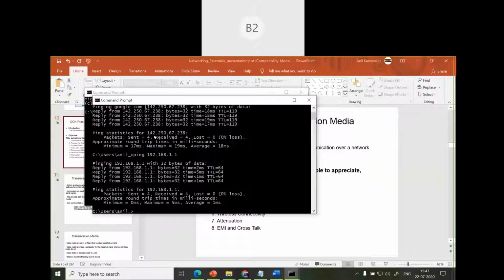Now, your data terminal means you must have a network interfacing card. That network interfacing card may be a wireless type of network interfacing card or an Ethernet wired card, typically gigabit or 100 megabit type of Ethernet card.